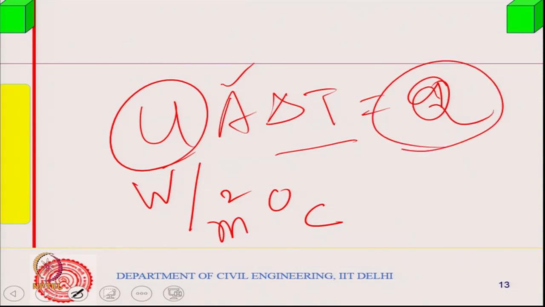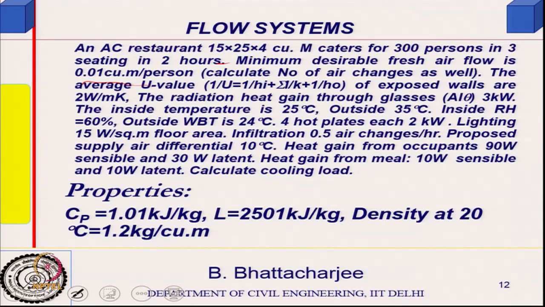So, if I want to find out the cooling load, this average U value of exposed walls is given as 2 watt per meter square Kelvin. The radiation heat gain through the glasses is given.